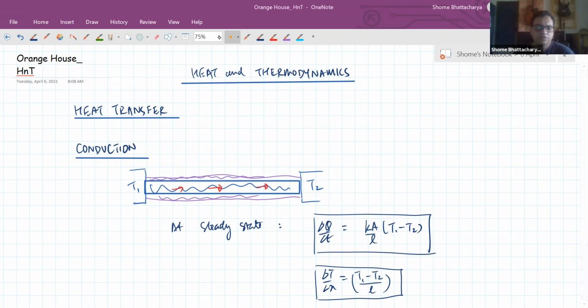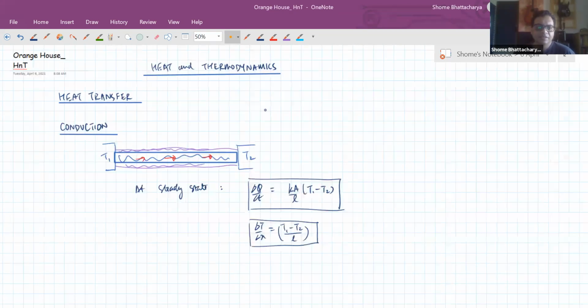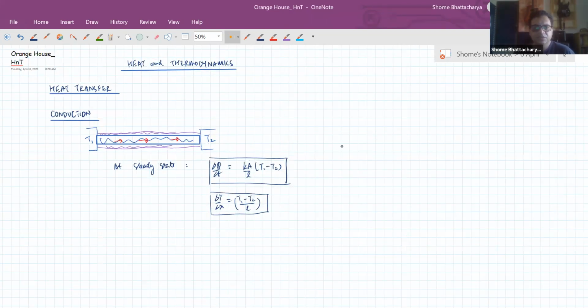we can relate this with heat current and thermal resistance. So this is equivalent to a situation where we can think of temperature in the same way like we think of potential, and we can think of rate of conduction as the same thing as heat current.